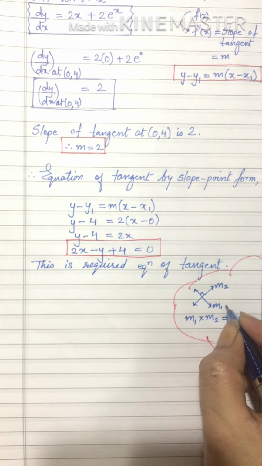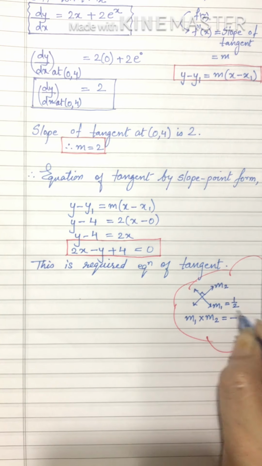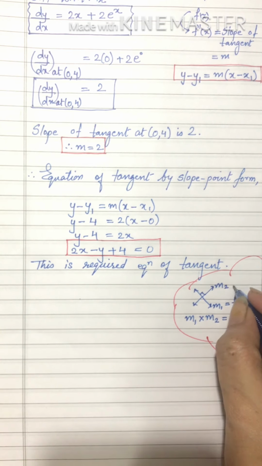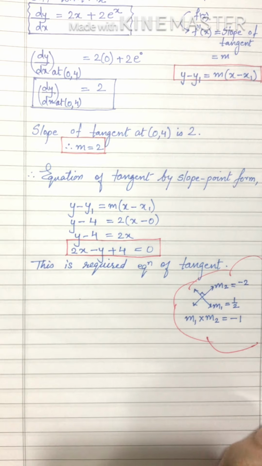See, if I have m1 as suppose 1 upon 2, so m2 will be just reciprocal of this and with a negative sign, so I will get -2 upon 1, that is -2.